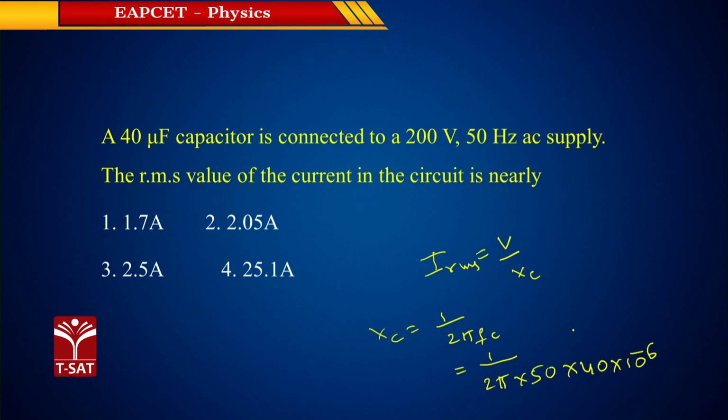Substituting this value, it is reversed. Here V value 200 by 1 by that, so these values go to the top: 2 pi into 50 into 40 into 10 to the power minus 6. Children, you calculate this value, it is 2.5 ampere, where the third option is there.